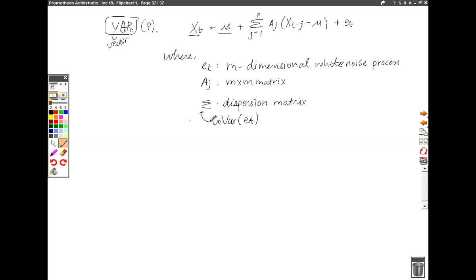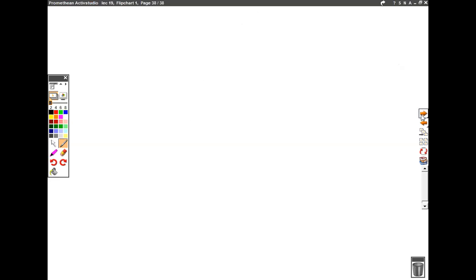And again, now we will see what conditions these processes have to satisfy for it to be a stationary process. So let me take an example. Let's say I give you two processes, xt and yt.